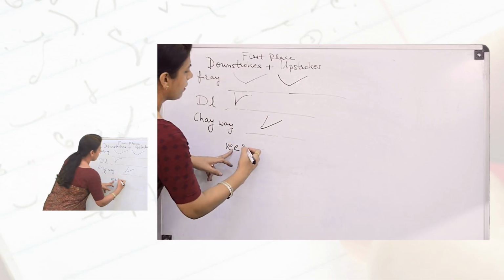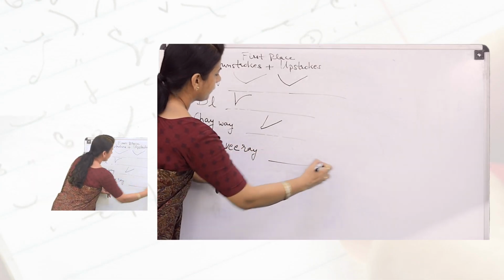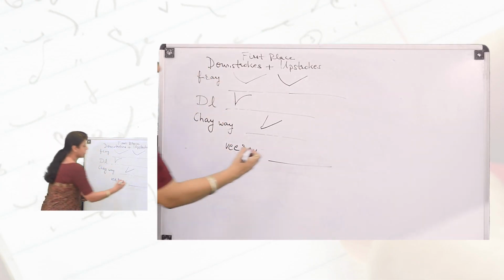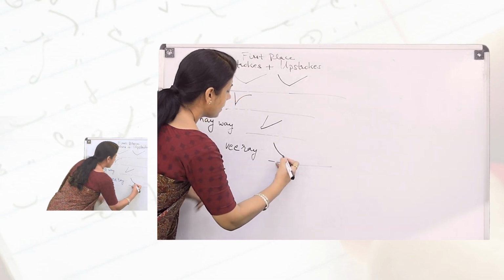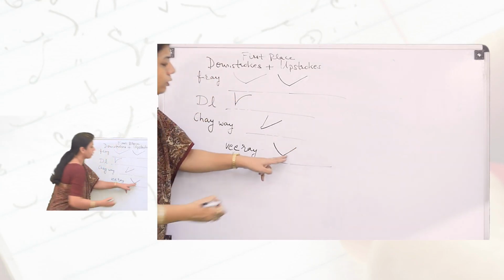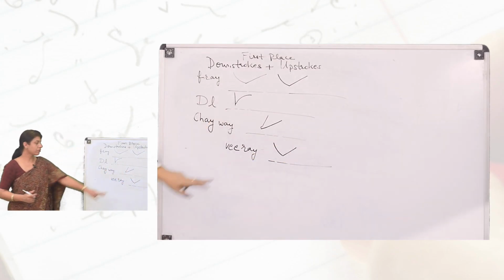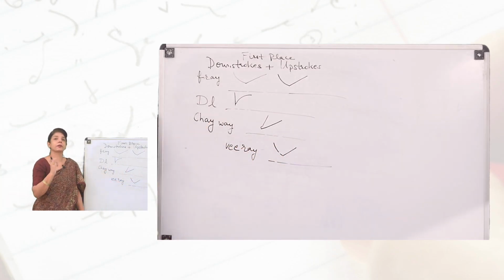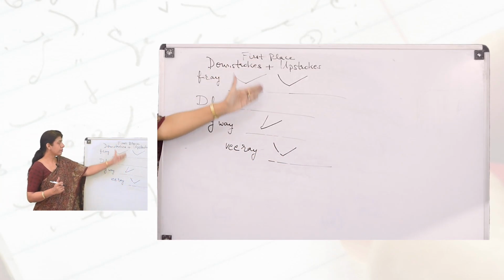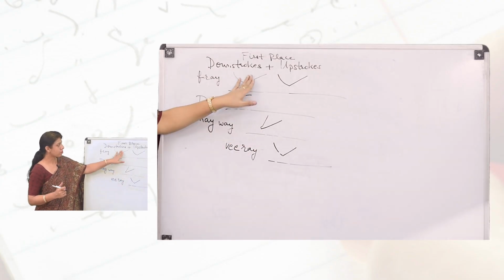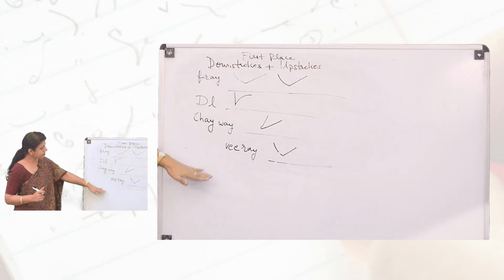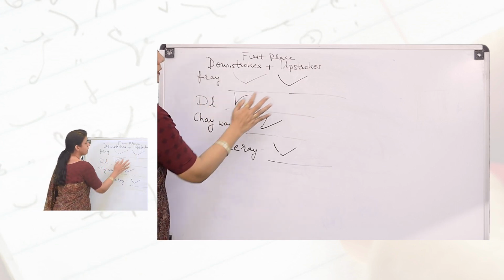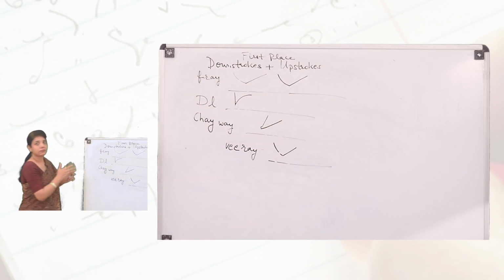V, ray. V is a downstroke, so top to bottom above the line. Ray is an upstroke, bottom to top. So this is V ray at first place. So these are examples of downstrokes plus upstrokes. And if you see the outlines, again, both the strokes will be above the line in this case also.